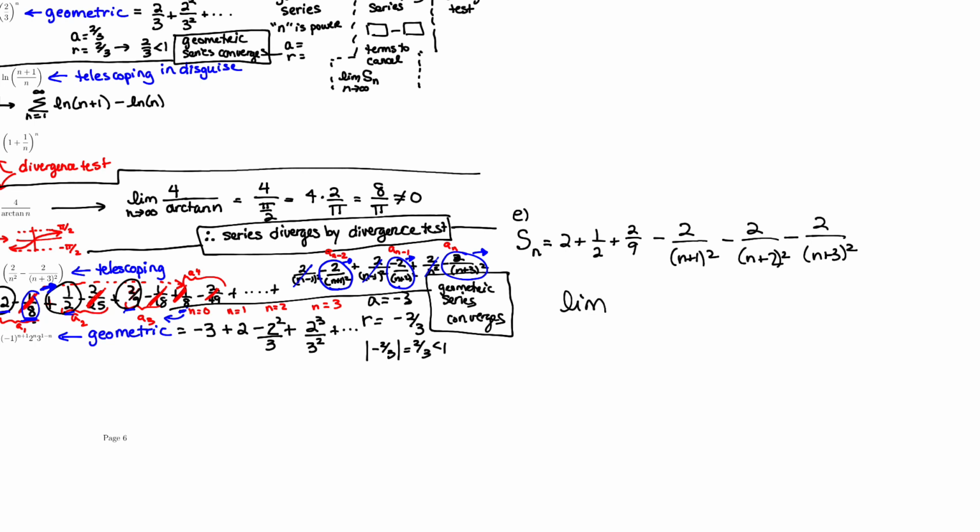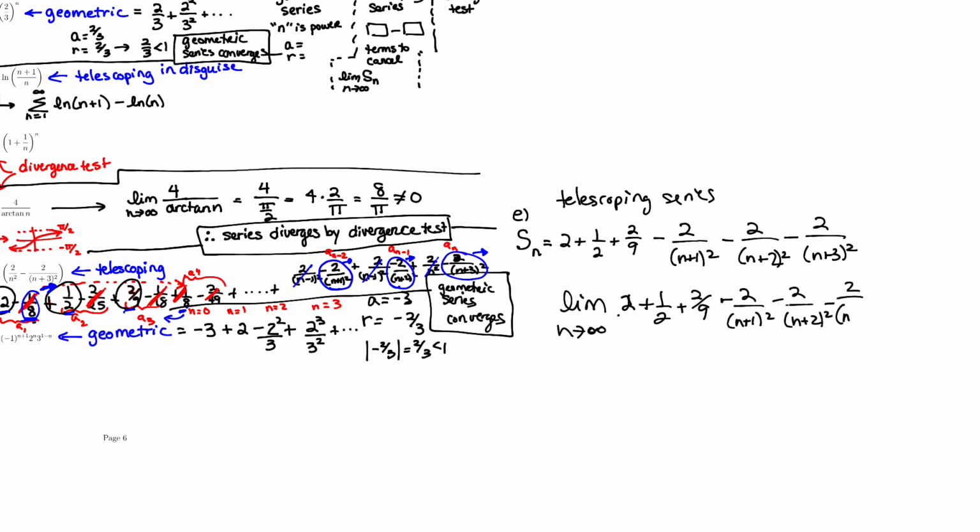And to find out if a telescoping series converges or diverges, we look at the nth partial sum and find out what happens as n goes to infinity. As n goes to infinity, those n terms all go to 0. But your WebWork problems make you list out these last terms so they make sure you understand how to get there.